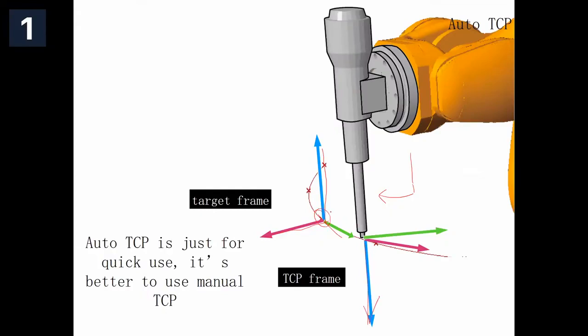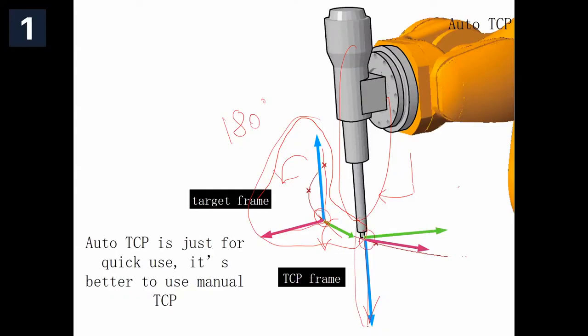So if we want to move like this, we should rotate this target framework around the y axis 180 degrees. After rotating, this becomes the same, because this goes down.